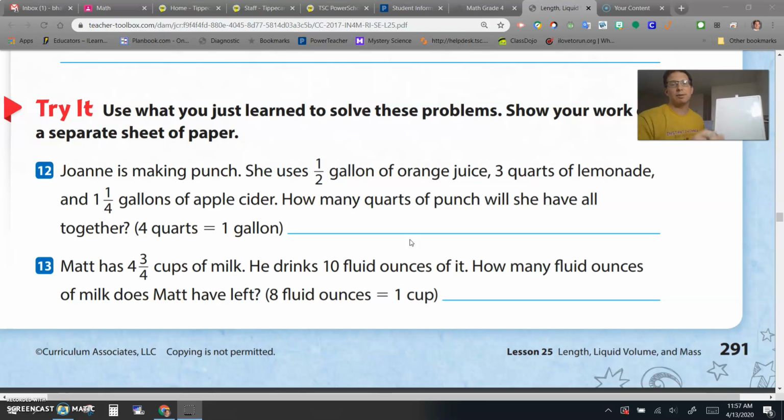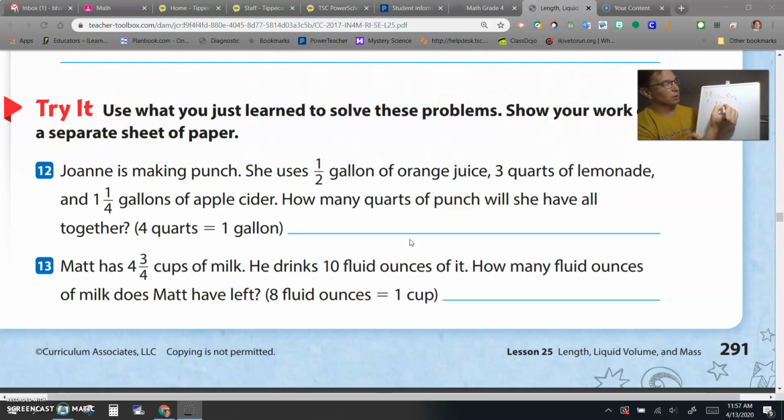So we need to convert everything into fluid ounces. So 1 cup has 8 fluid ounces. We need to take 4 times 8, because we are converting 4 3/4 cups to fluid ounces. And 8 fluid ounces in 1, so we multiply 8 times 4, and we get 32 fluid ounces in 4 cups.